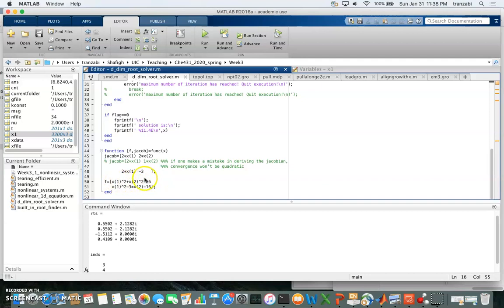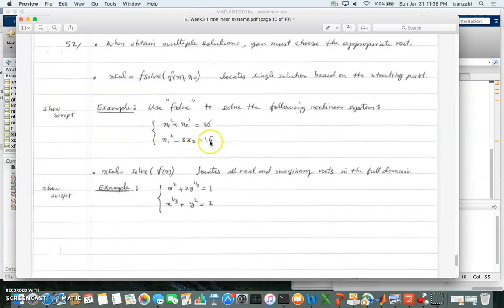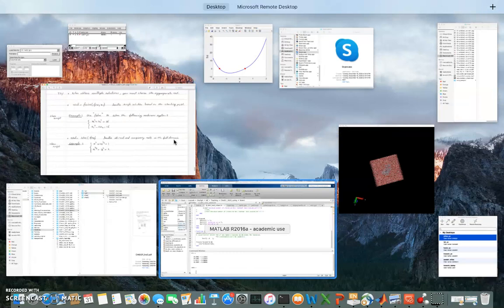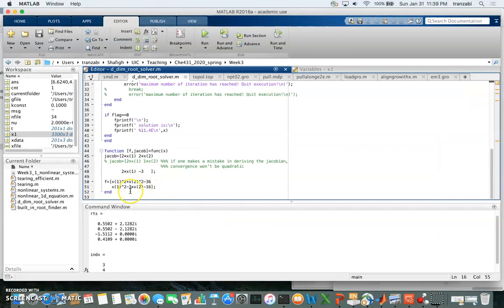We just write the left side and leave the right side as implied. So we're going to imply that the right side is 0. The second equation is x1 squared minus 3x2 minus 16 equal to 0. And that's what this equation is. So these are the equations.